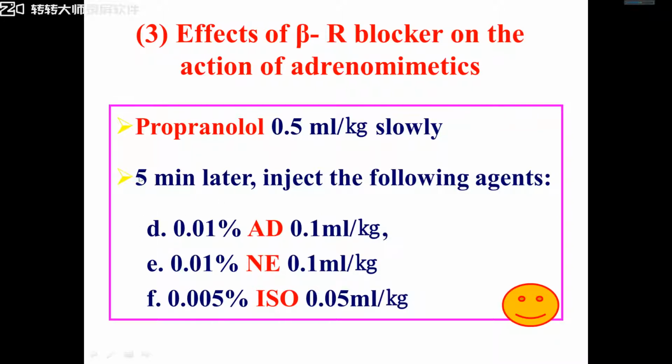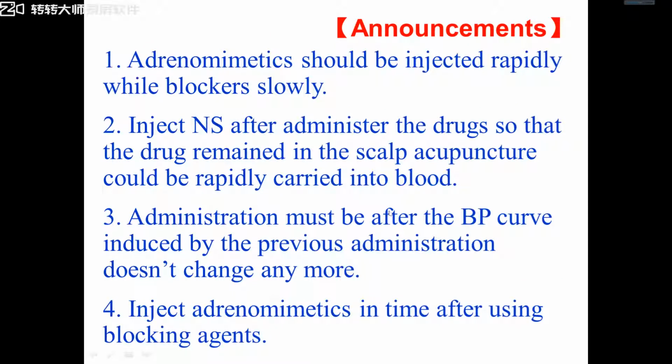Just now we copied the curve, so you should print the curve and put it into your report book, and I can know your result. Okay. This class we have done the lab, and we observed the effects of adrenomimetics and adrenal blockers on blood pressure.